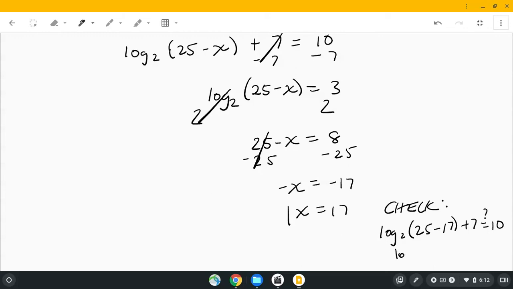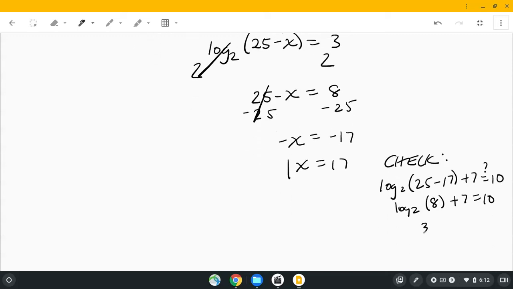So log base 2 of 8, that's 3, plus 7 equals 10. 2 to the third is 8, plus 7 equals 10. 10 equals 10. So it checks.